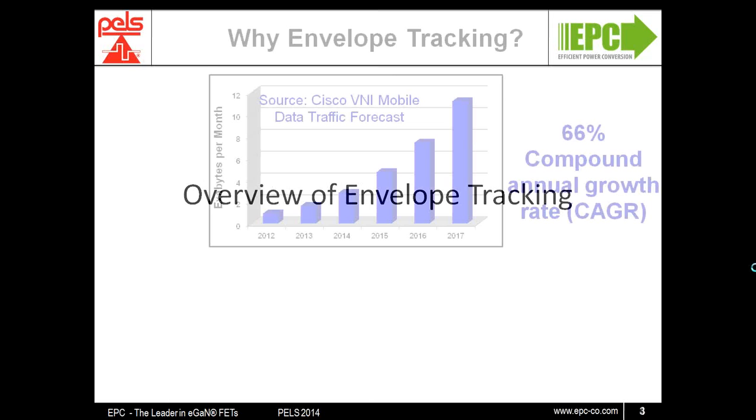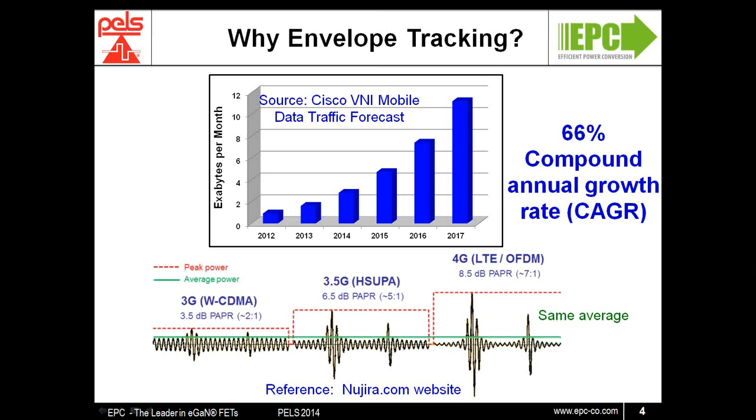The mobile data traffic forecast for the next few years shows that there's a significant growth in the amount of data that will be transmitted. To keep pace with that, it will require an exponential growth in the data using modern modulation techniques such as 4G LTE, which requires an increase in the spectral efficiency and packs more data bits into each RF channel.